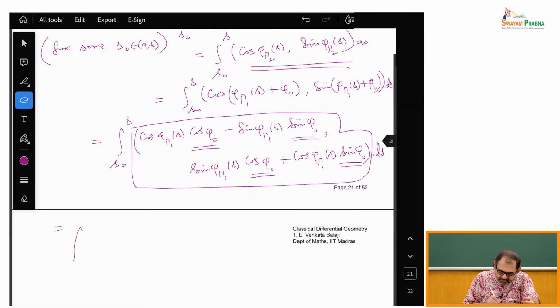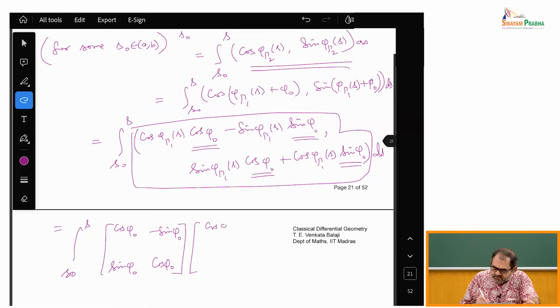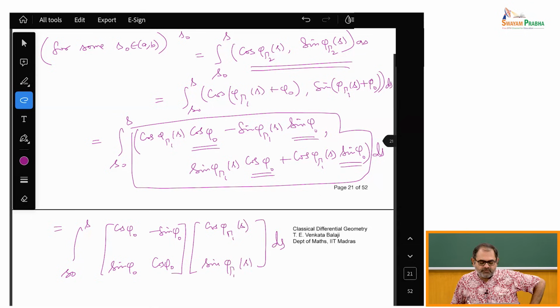So this is actually the integral from s naught to s of, I will write it like this, the rotation matrix given by the angle phi naught, which is going to be [cos phi naught, minus sin phi naught; sin phi naught, cos phi naught], acting on this vector (cos phi gamma 1 of s, sin phi gamma 1 of s) ds. Okay, if you expand it out, this is what you will get.